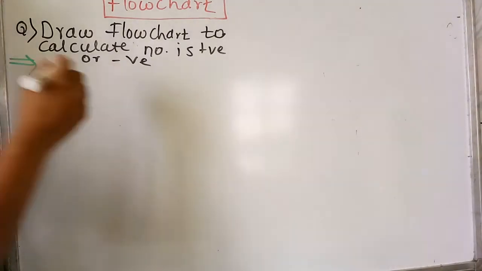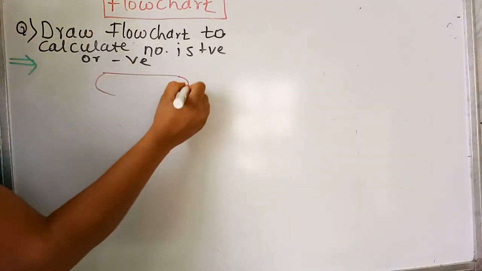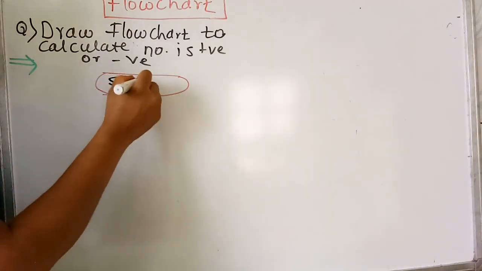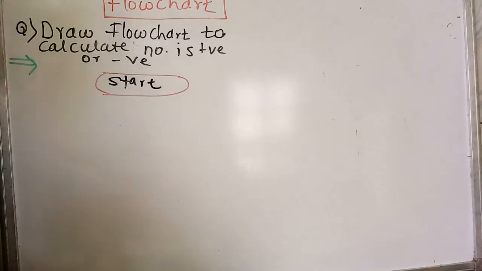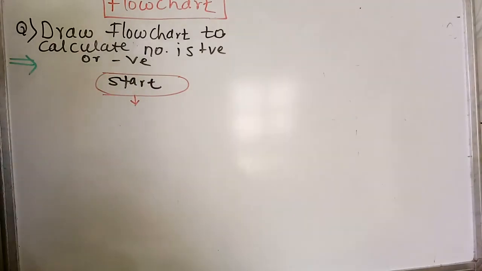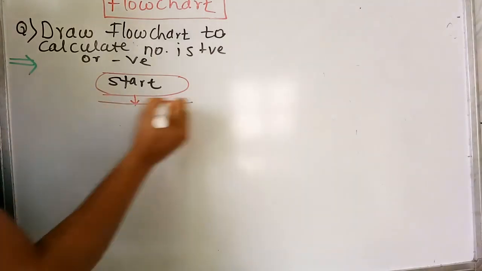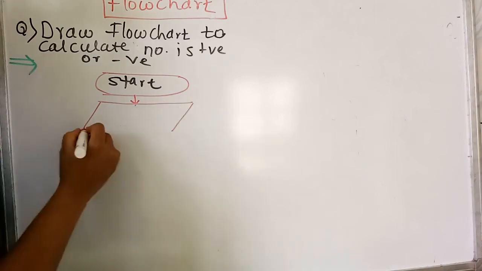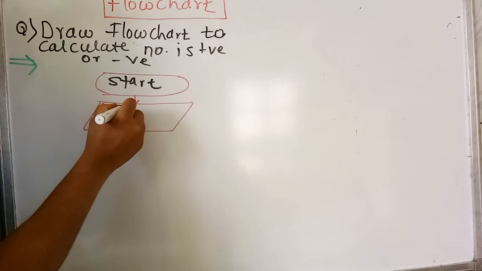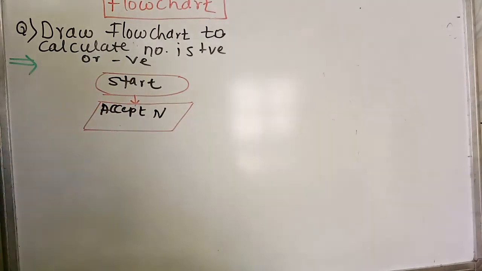So for that we will start and write, start the procedure. Next we will accept a number from the user. For that we will use the accepting symbol, this symbol, and write accept n.